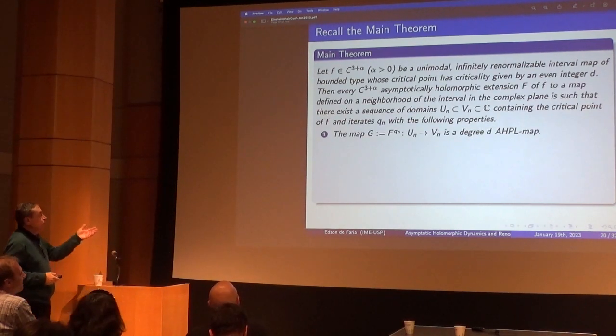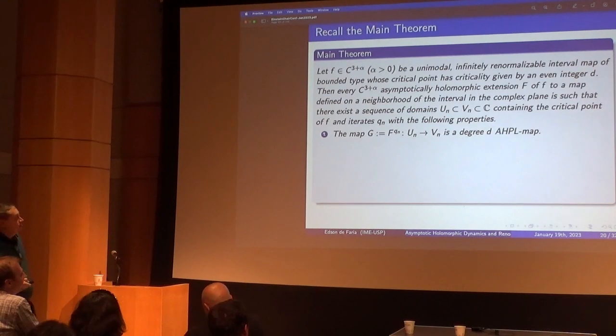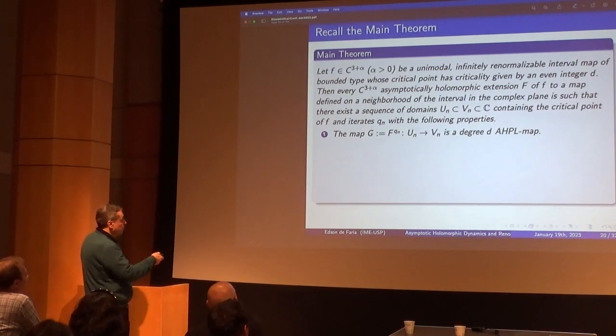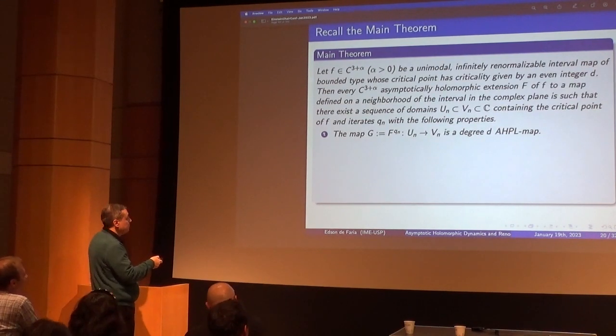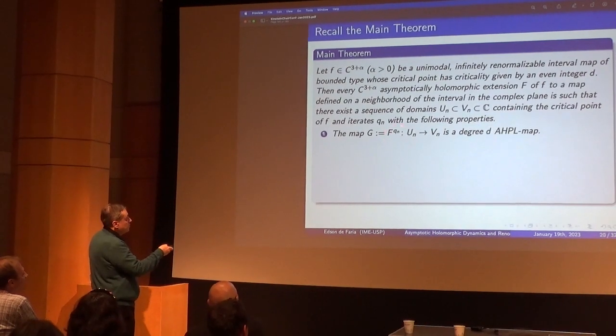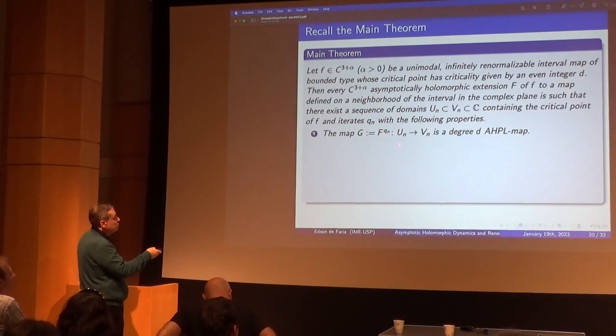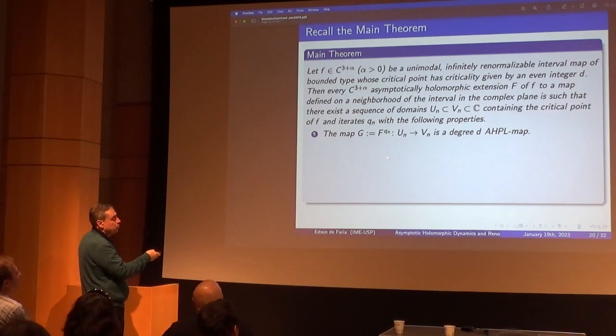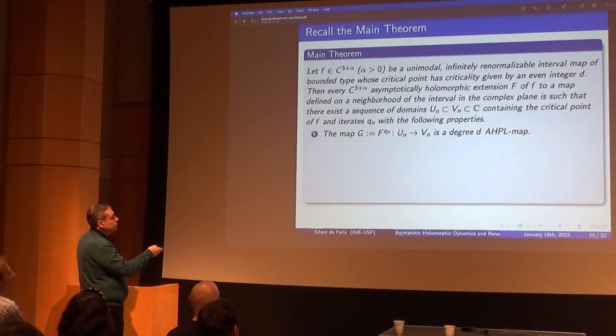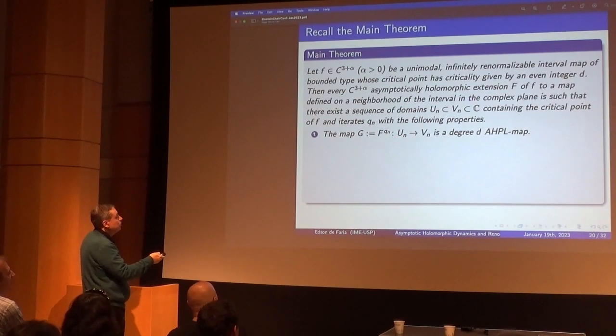So for sufficiently large n, if you look at the product of the periods of renormalization up to time n, and you look at the appropriate iterate of the map f, I keep getting lost with this thing. So this iterate here is defined on some small neighborhood of the critical point, right? So you can find a neighborhood such that this iterate will be an AHPL map. Number one.